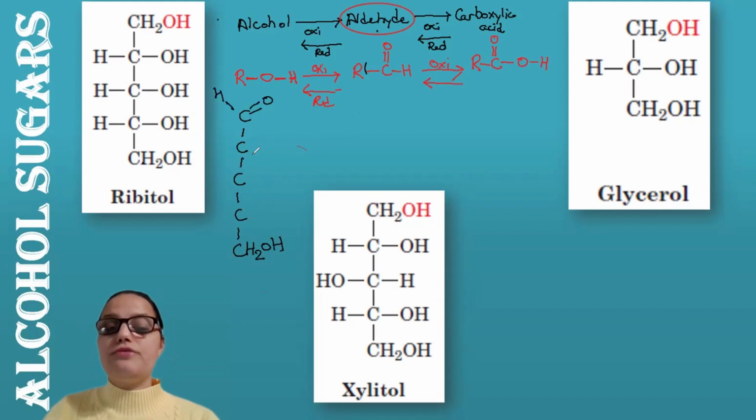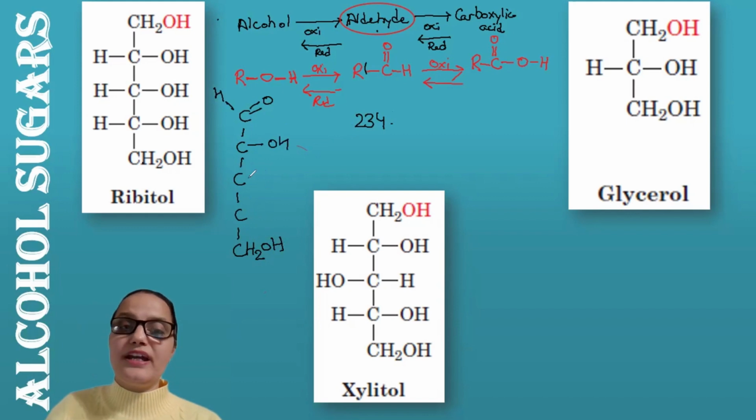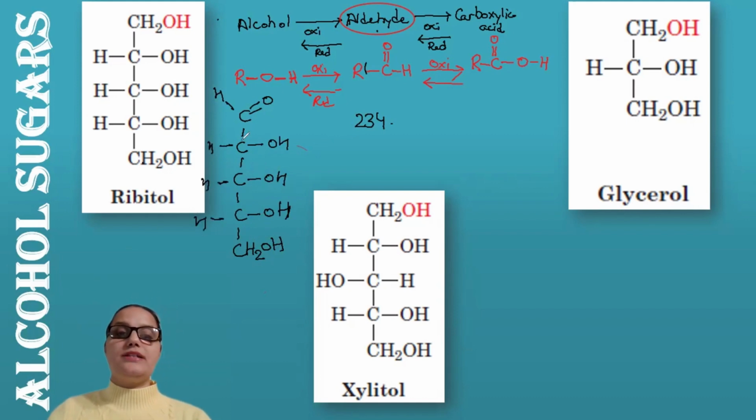The code for ribose is 2, 3, 4, which means on all 3 interstitial carbons, the hydroxyl group is present on the right hand side of the structure, and over here it is on the left hand side, right? So this is the ribose sugar from which this alcohol, called ribitol, is derived.